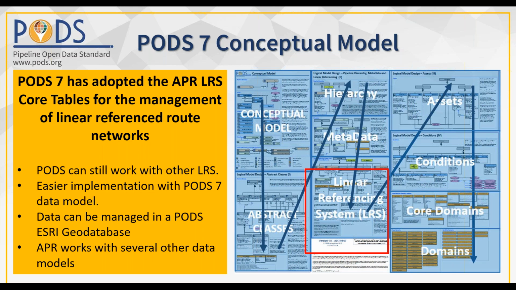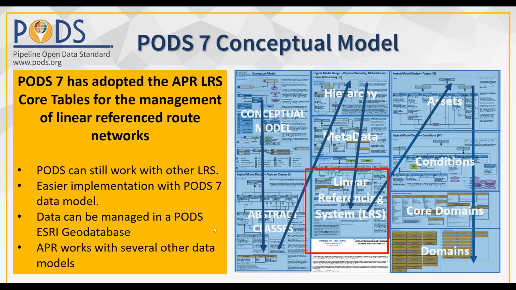So it doesn't mean that Pod 7 will only work with Esri APR. It just means that PODS Association members can use APR to manage information within the PODS Esri geodatabase. It also works with several other data models, I guess, as you'll see.